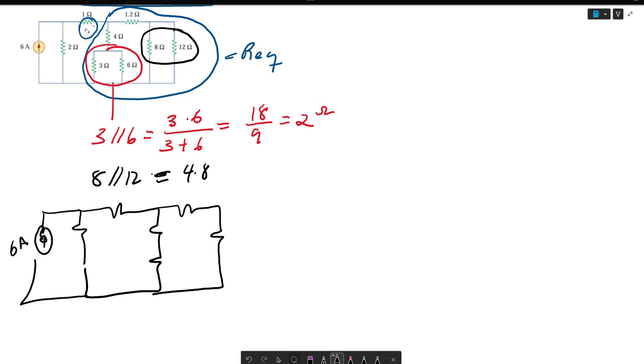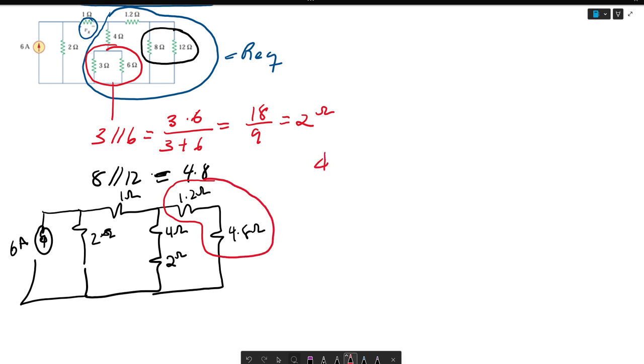Where this is 6 amps, this is 2 amps, this is 1 amp, this is 4 amp, this is 2 ohms, 2 ohms, this is 1.2 ohms, and this here is 4.8 ohms. We add these two in series, and when you add resistance in series, you say 4.8 plus 1.2 is equal to 6 ohms. And we also add these in series, so we get 4 plus 2, which is 6 ohms.